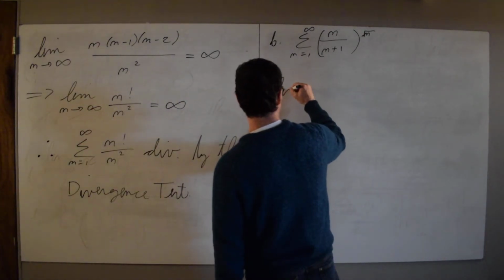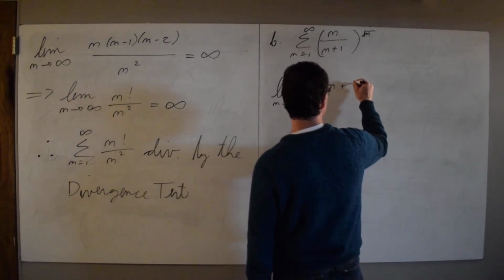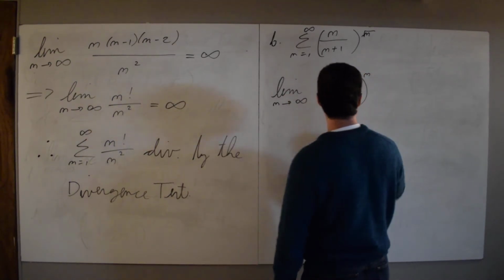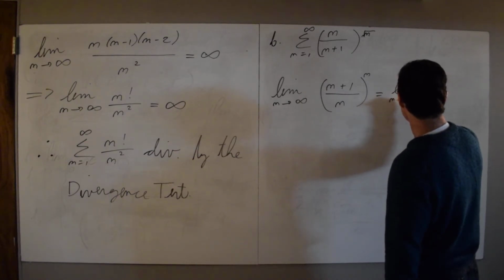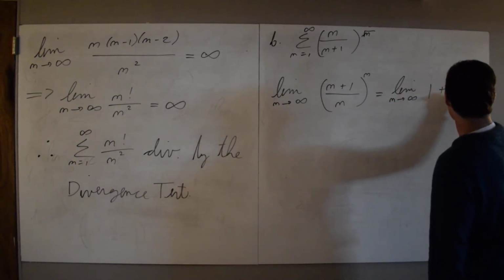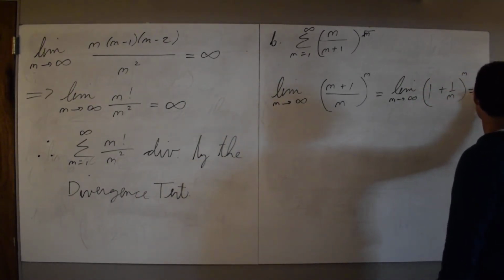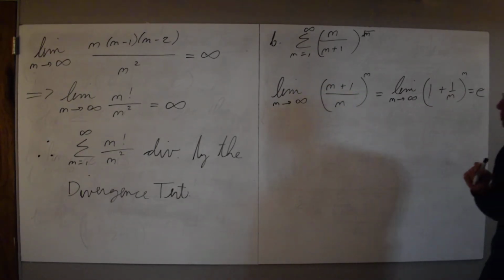The limit as n goes to infinity of n plus 1 over n to the nth power is the limit as n goes to infinity of 1 plus 1 over n to the nth power, which is e. This is the definition of e.